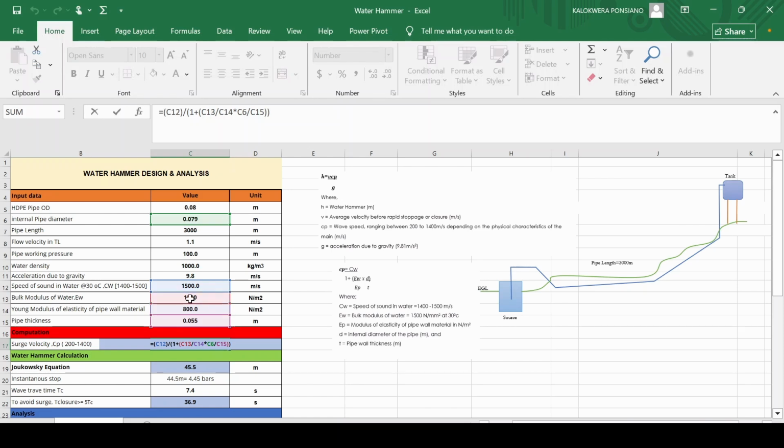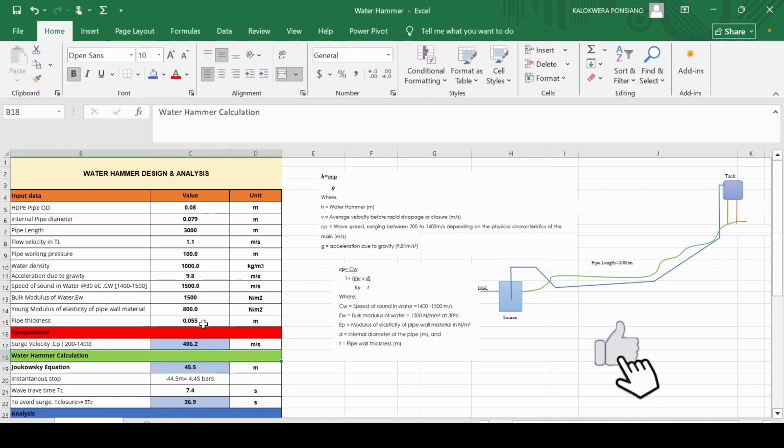Our EP is 800, times the internal diameter of the pipe, 0.09, divided by T, the thickness of the pipe, which is 0.05. From this equation, we get 406.2 meters per second. This is the value we are going to cross-check with the range, which is supposed to be between 200 and 1400, and since it falls within it, it is okay.